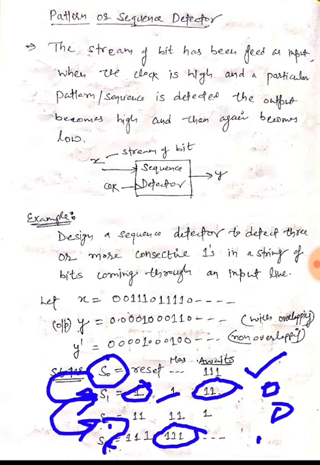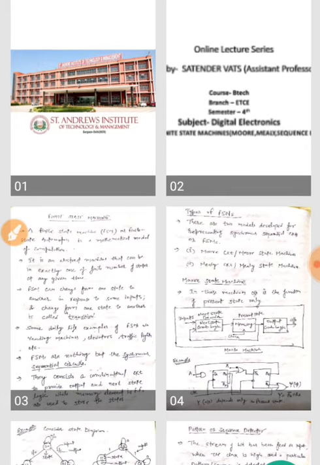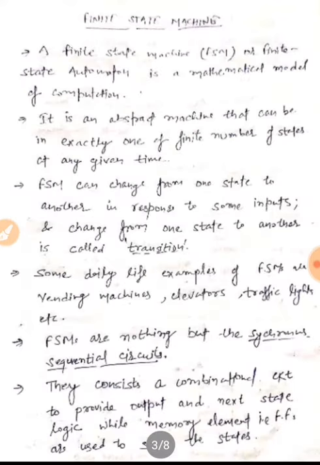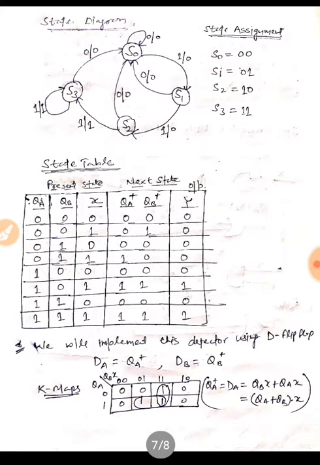As soon as the system reaches state 3, when it detects 3 consecutive ones, the output would be high, that is y would become 1. So we will generate a state diagram for that.